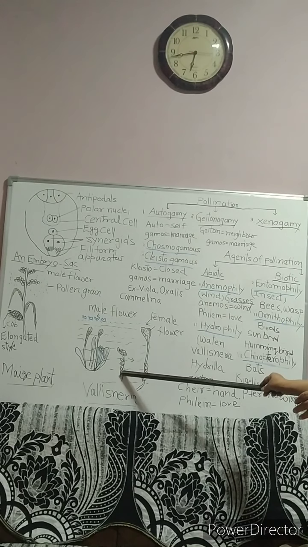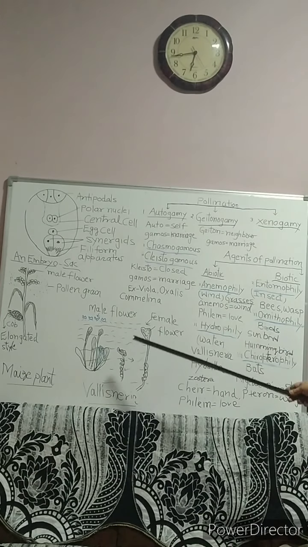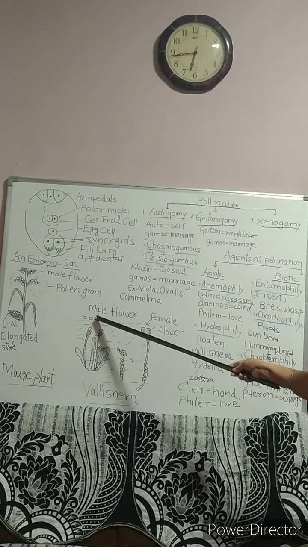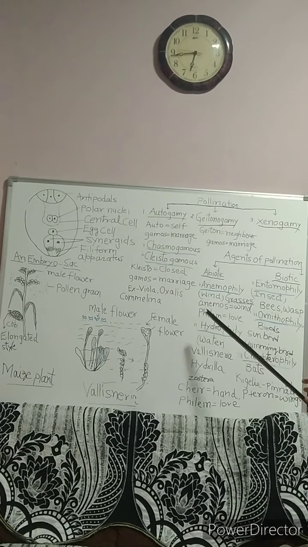When the flower becomes mature, the stalk uncoils and brings the flower to the surface of water. Floating pollen settles on the stigma of the carpel or pistil and pollination takes place. So Vallisneria shows hydrophily or water pollination.